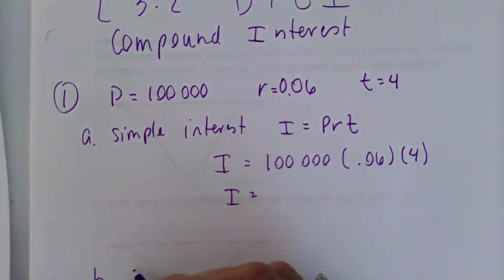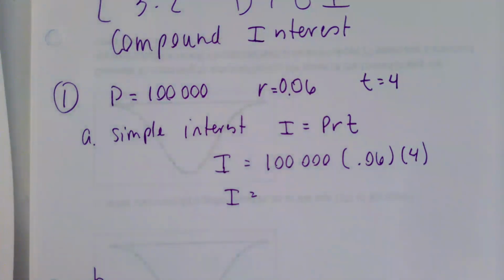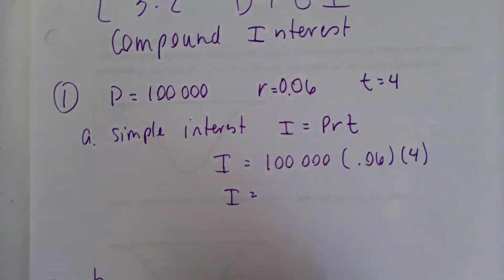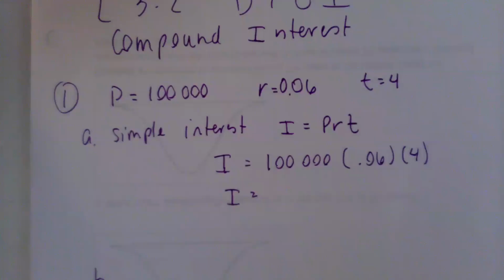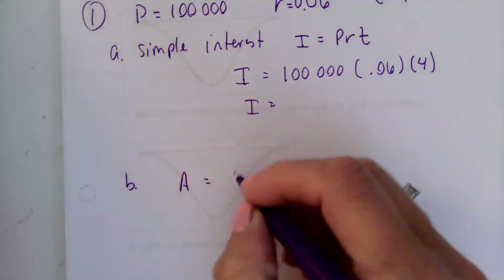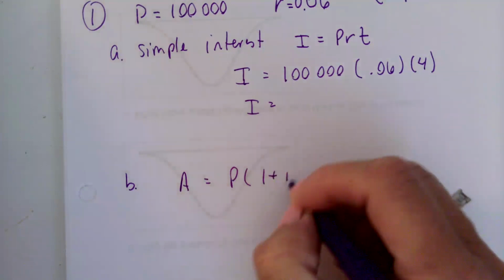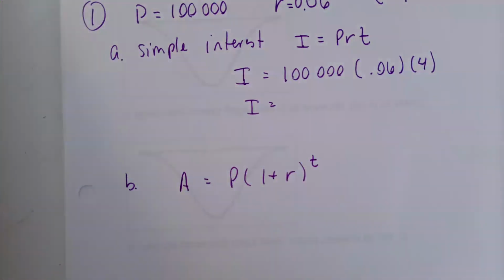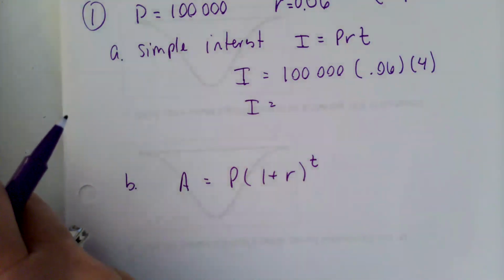And then compound interest, we have to find the future value and then subtract the original amount, and that will tell us how much total interest we've earned over the 4 years.